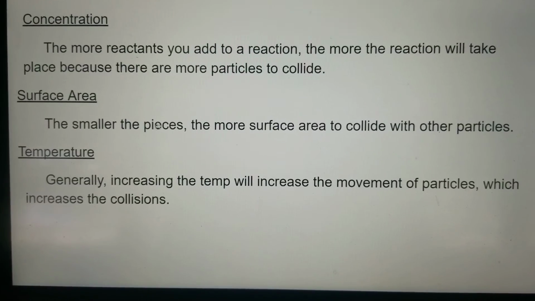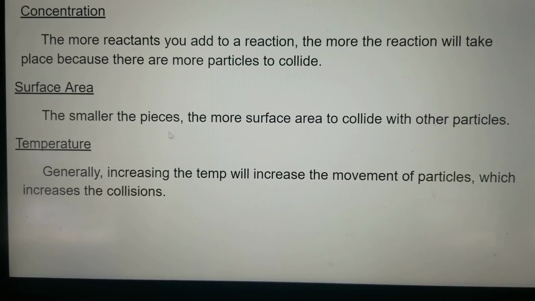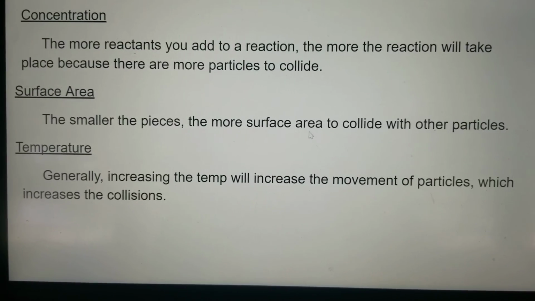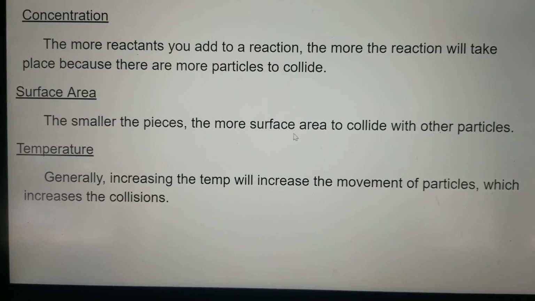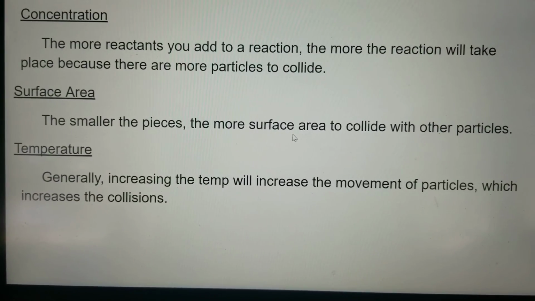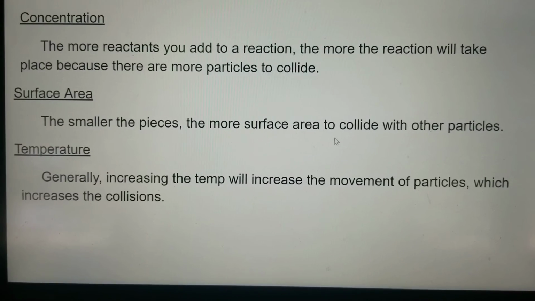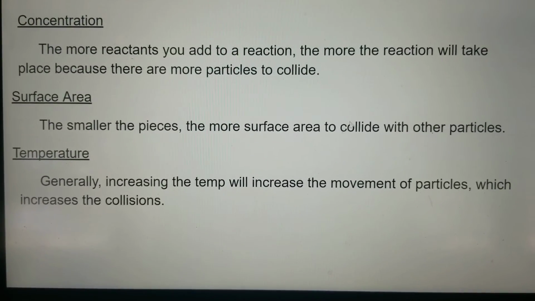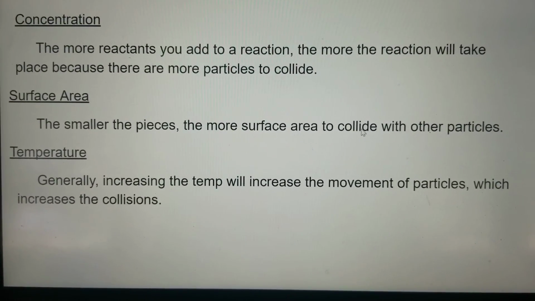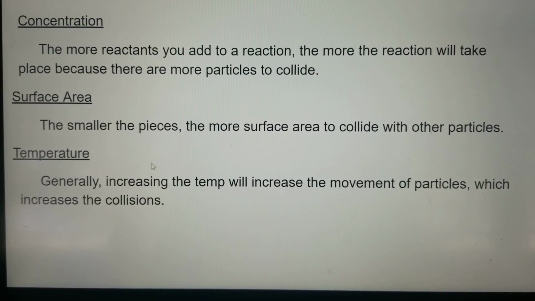But if you were to take that big chunk of sugar and break it apart into smaller pieces, then you're going to increase the surface area by spreading it out more, and therefore there's going to be more surface area for the particles to collide. Again, more collisions, more reactions. So again, we're focusing on those collisions and on the collision theory.